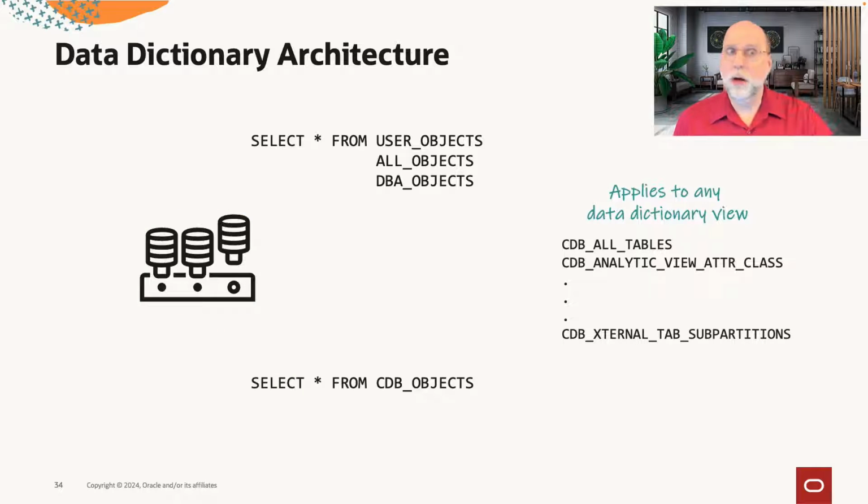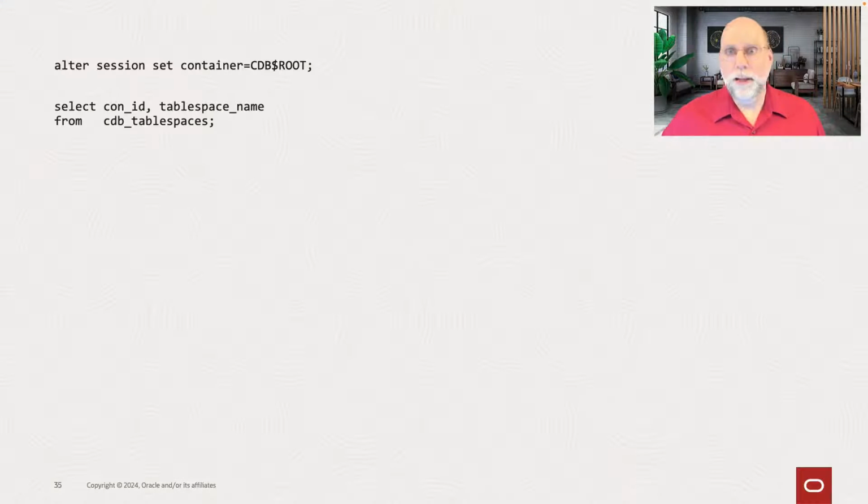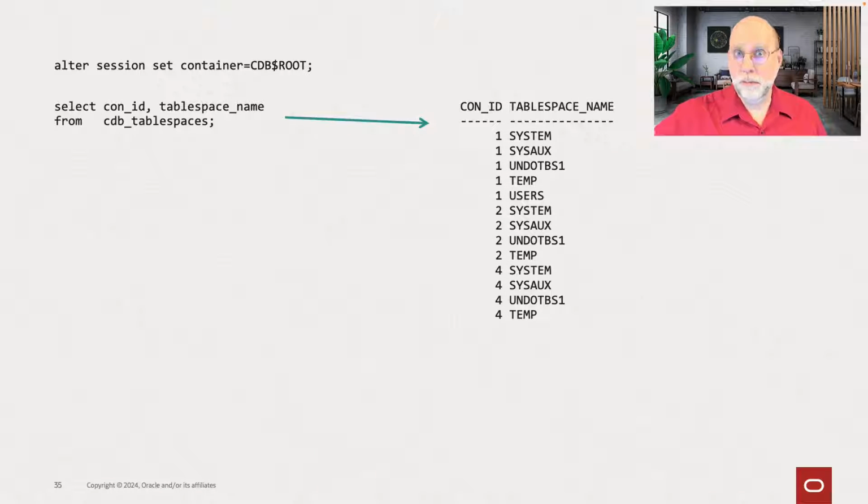So this applies to all your dictionary views, and there are lots of them, hundreds of these dictionary views that now have the CDB version of the DBA views, as it were. So what happens if you go to the root, and that means you have to be a privileged user to access the root, and you look at all of the tablespaces that are in your database? Well, what you're going to see there is a list of tablespaces, each identified with a container ID, because every PDB has its own SYSTEM, SYSAUX, for example.